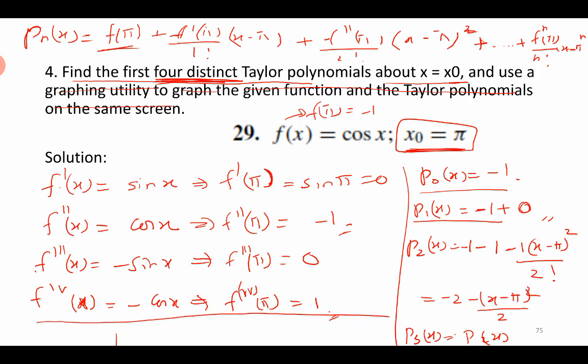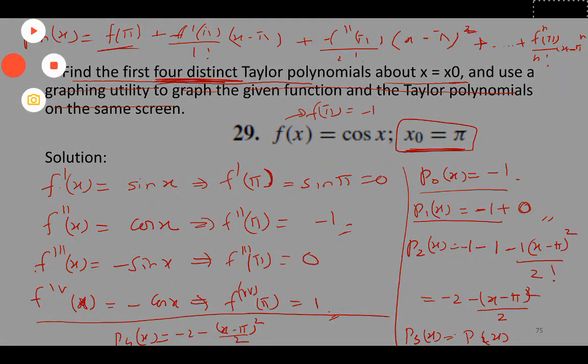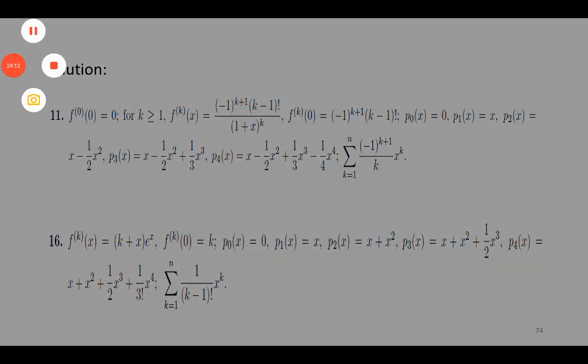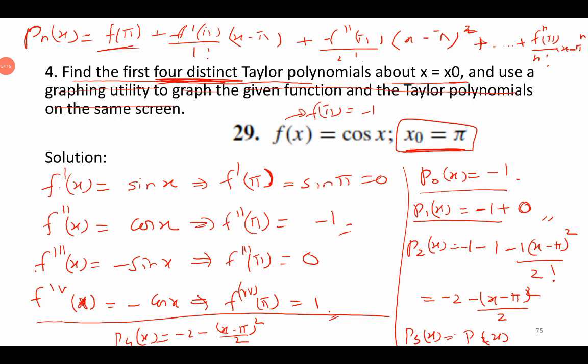So I guess p4 of x is p3 of x, which is the same, -1 minus x minus pi whole square divided by 2, and okay, actually we have found these two are repeating, so we are not adding this p1 here.